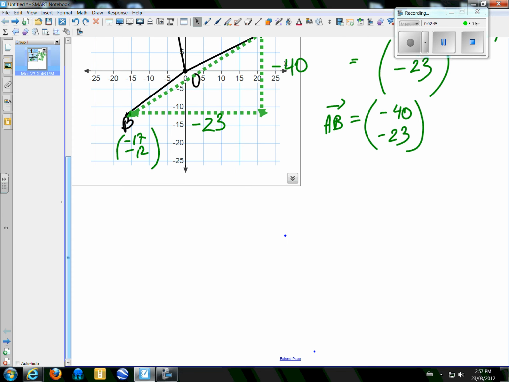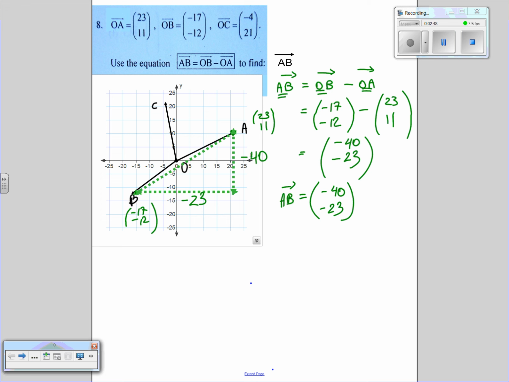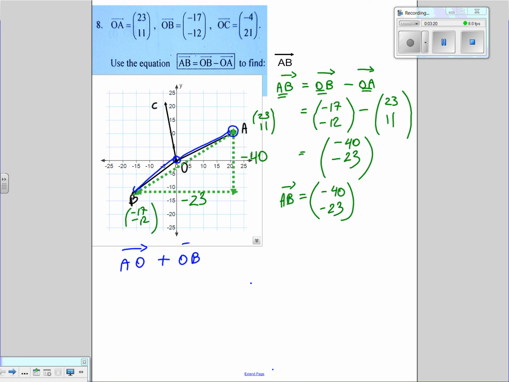Now, if you look at our diagram, another way of getting from A to B is using vector A to O, and then going from O to B. And the resultant vector would also be A to B. So what I just said was, let's go from A to O and add that to O to B, and notice how that's another way of getting from A to B.